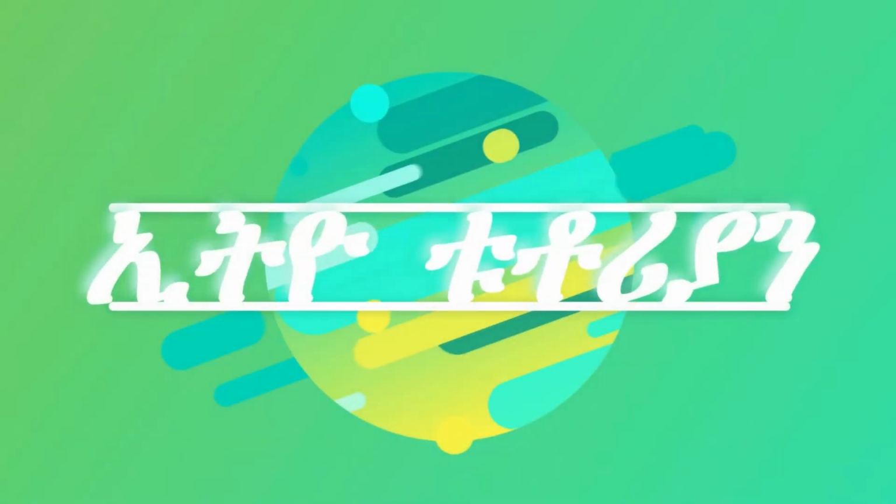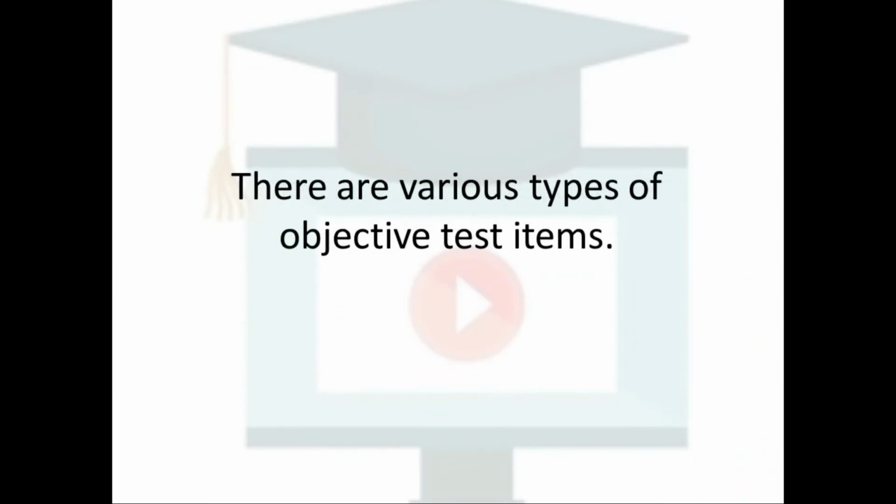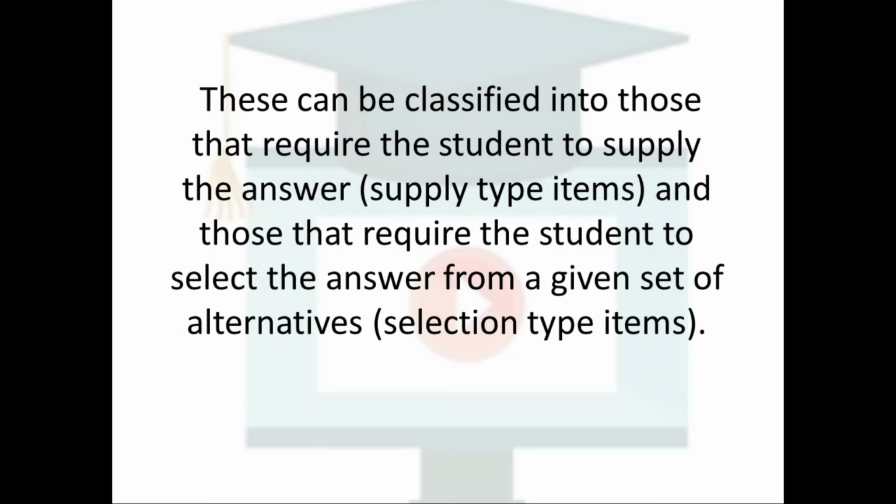Constructing objective test items. There are various types of objective test items. These can be classified into those that require the student to supply the answer, supply type items, and those that require the student to select the answer from a given set of alternatives, selection type items.